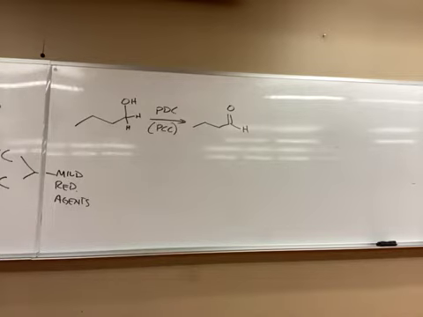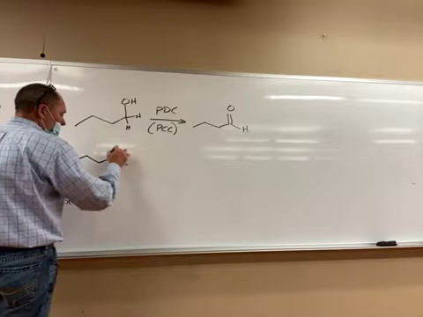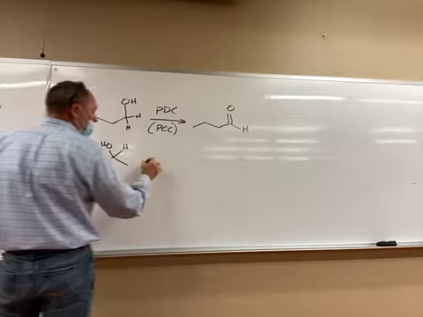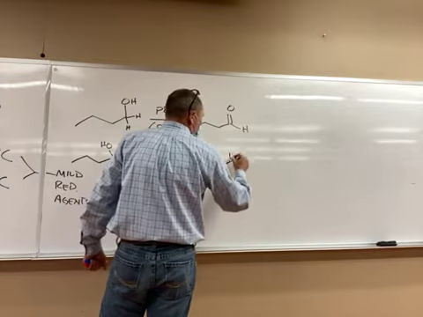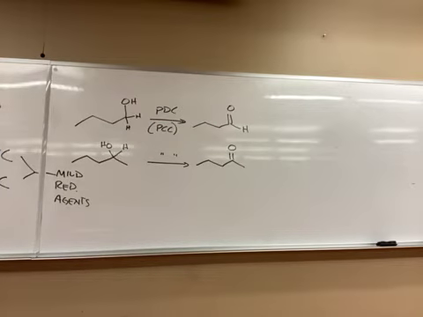Now, a couple flashcards we've made here. Oh, and by the way, yes, it would be true that if I had a secondary alcohol under those same conditions, it goes to the ketone. So really, these are all oxidizing steps.